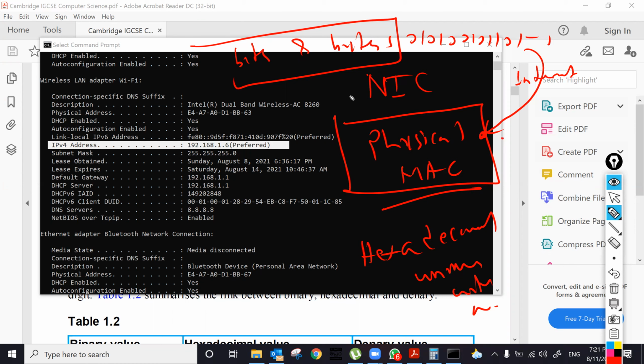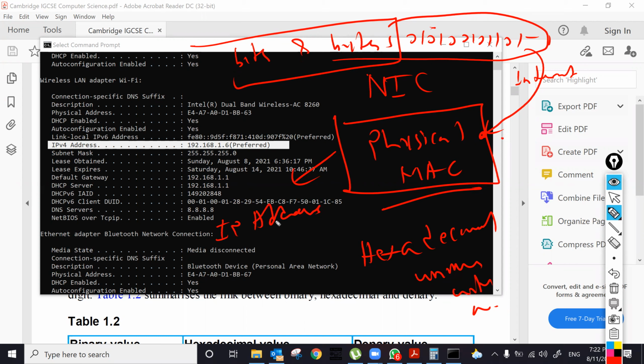Why this physical address? Because the internet actually recognizes your computer from this physical address. But when it comes to your network, it will recognize your computer by the IP address. That's the difference between the physical address and the IP address.